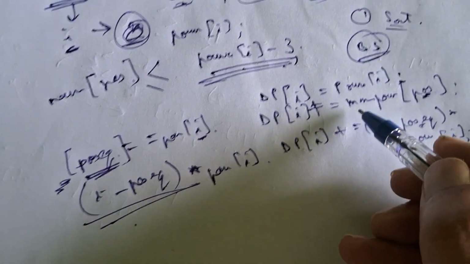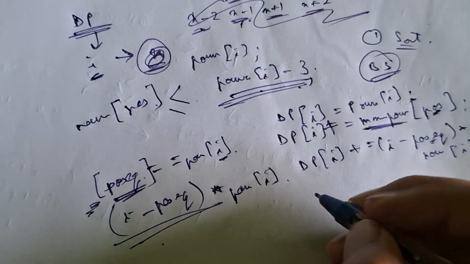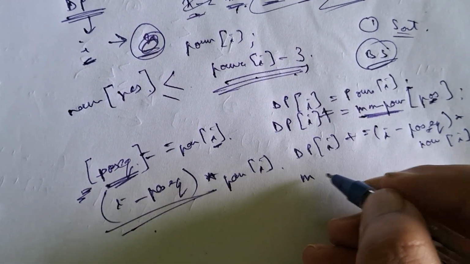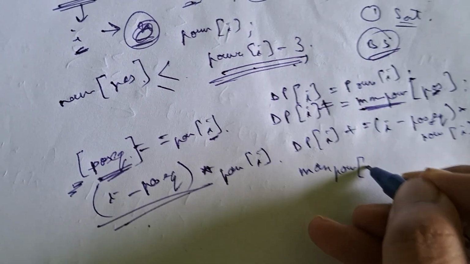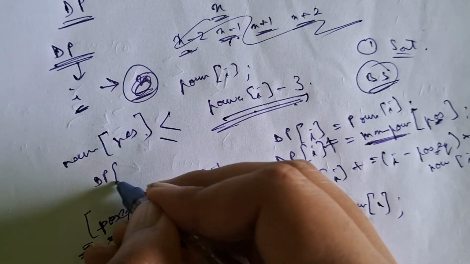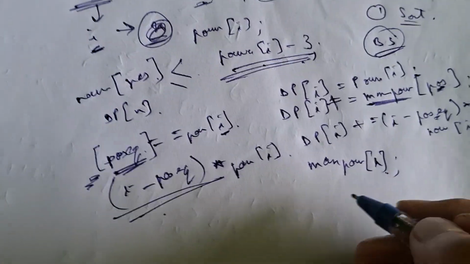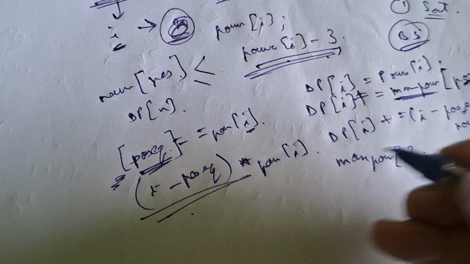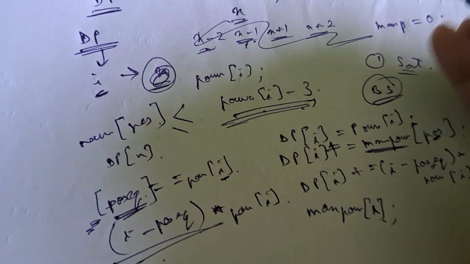And how are you going to calculate this max power? Simply take a max power array of size n, just the way you are taking a dp of size n. While iterating through the whole thing, initially take an element max p and make it 0.